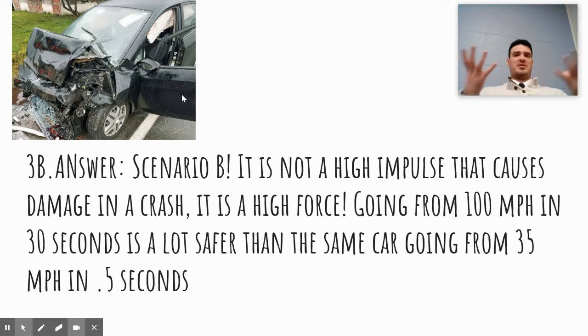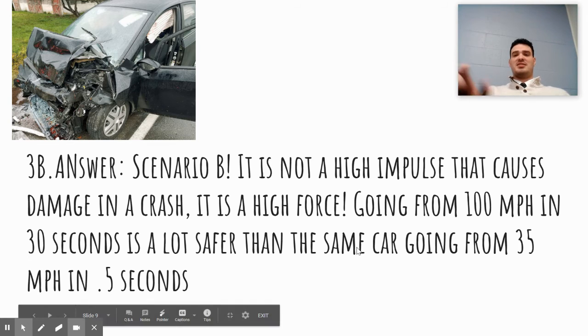It's not impulse that causes damage in a crash. It's the force, right? The more force the object feels, that is what ends up destroying the car. You can go from 100 miles per hour in 30 seconds. That's really not dangerous at all. That's you just sort of slamming on your brakes for 30 seconds, right? That would take you probably that time.